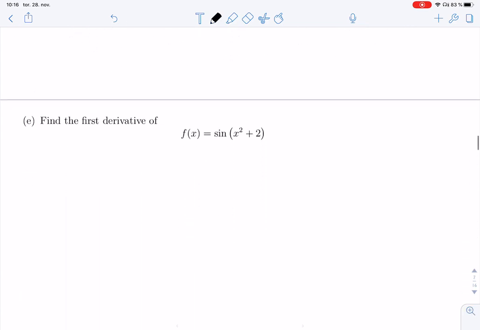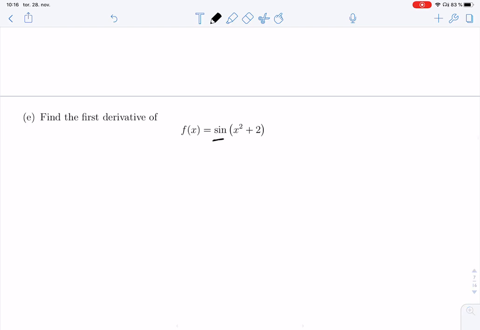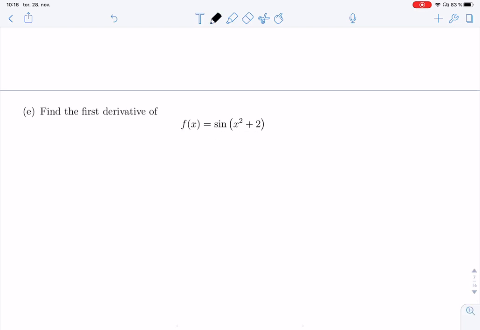Next, we have a sine of something with x. So here we need to use the chain rule. So we need to put x squared plus 2 equal to our kernel.